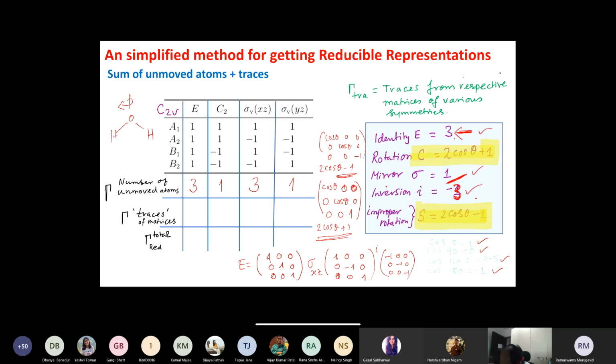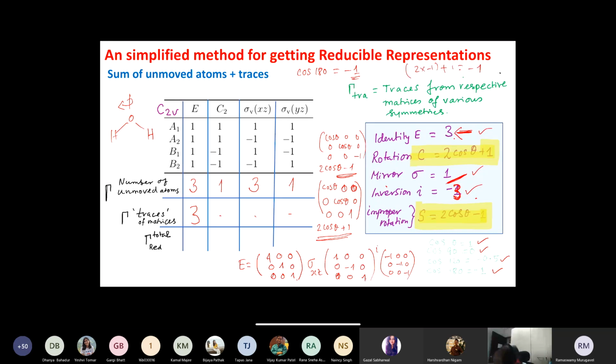Now we come to the example of our molecule, namely C2v. I need to fill these 4 values. Identity is 3, so no problem, put 3. For C2, what is the cos theta? 180, right? Cos 180 is minus 1. So 2 times cos theta plus 1 would be 2 times minus 1 plus 1, which is equal to minus 1.